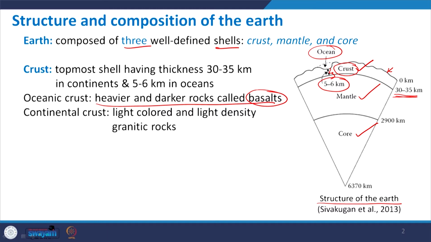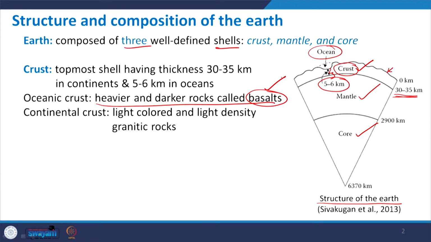We will come to this one by one. Once I explain this structure and minerals to you, we will see how different types of rocks exist and what all those are. We will discuss them in detail, but for the time being please remember that this oceanic crust has heavier and darker rocks, and they are called basalts.